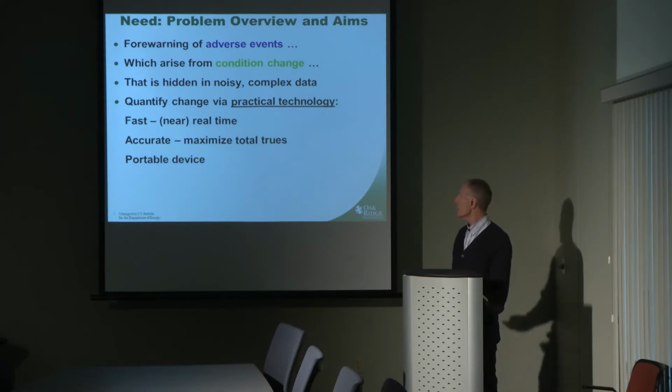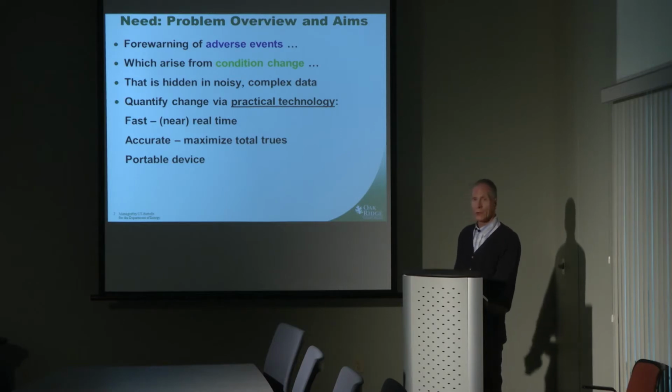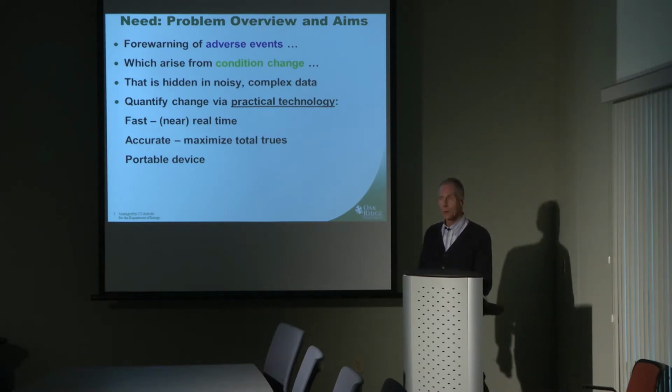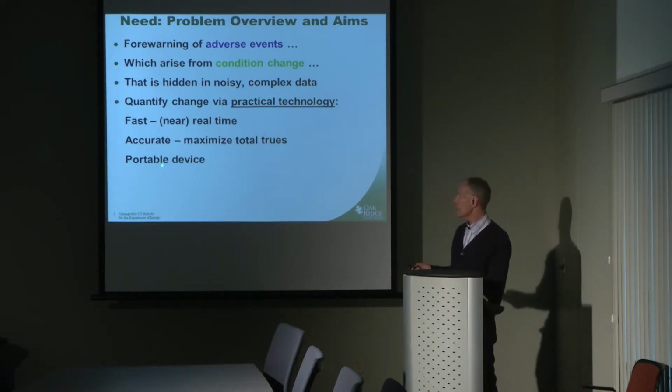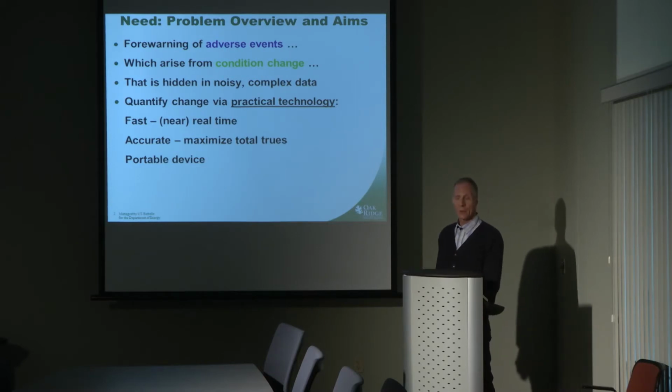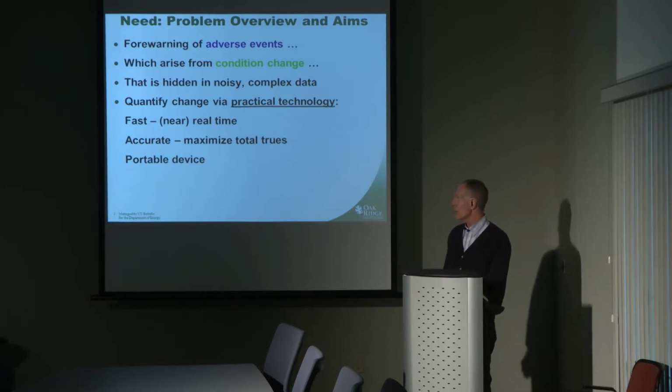Namely, that we wanted to be able to quantify that change using a practical technology. Namely, it was to be fast, real or near real time, accurate, so we wanted to maximize the total true rate, and we wanted it to be a portable device. You don't want this having to be run on a high-performance computer.